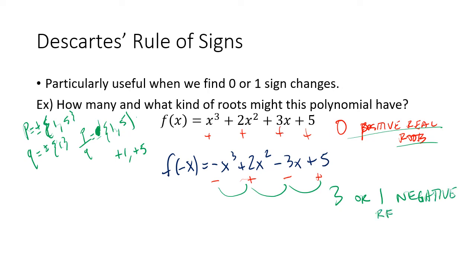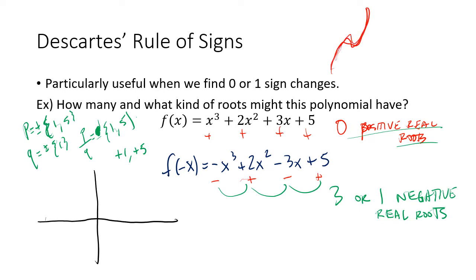real zeros. So let me quickly sketch what this says. A cubic function, generally speaking, follows a shape like this. We also know, and we'll talk about this more later, that because this has a positive leading coefficient, it starts in the bottom left and goes to the top right. So if there are no positive real zeros, there are only two possible things that could be going on with this graph.